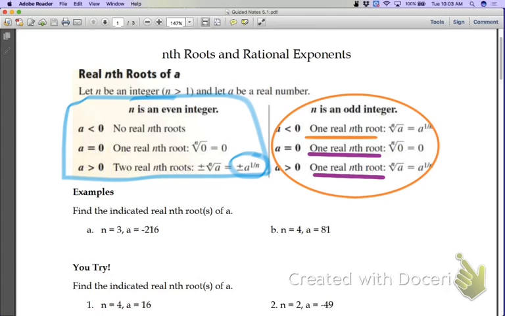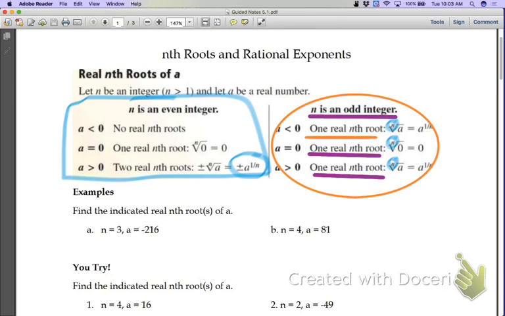If the little number here is odd, whether it's 1, 3, 5, whatever, you will always have one answer and one answer only. It's when it's even that things can change.